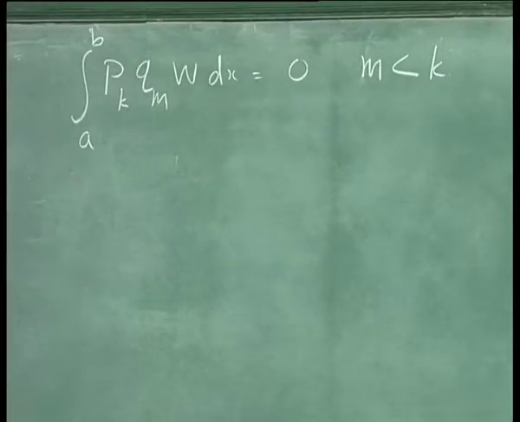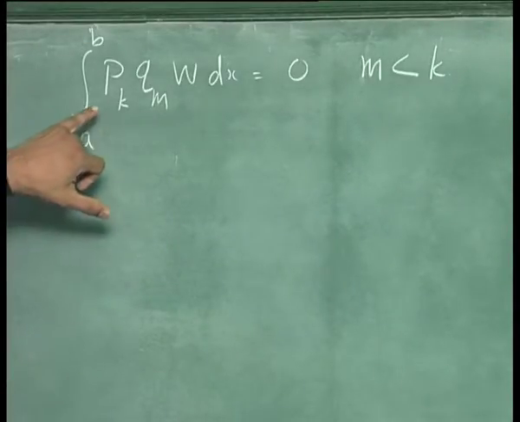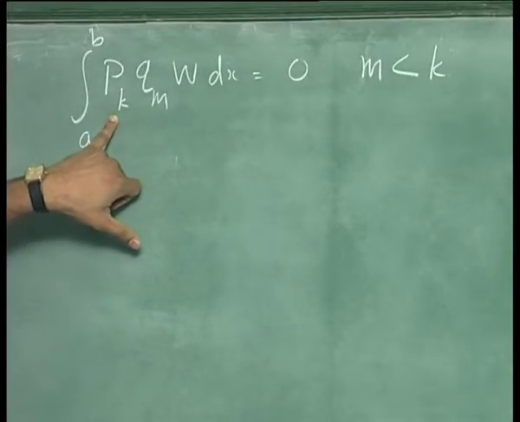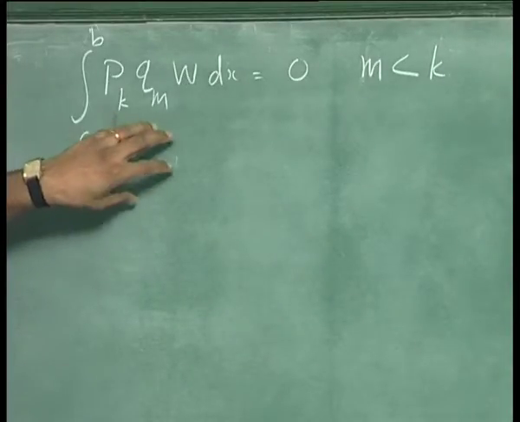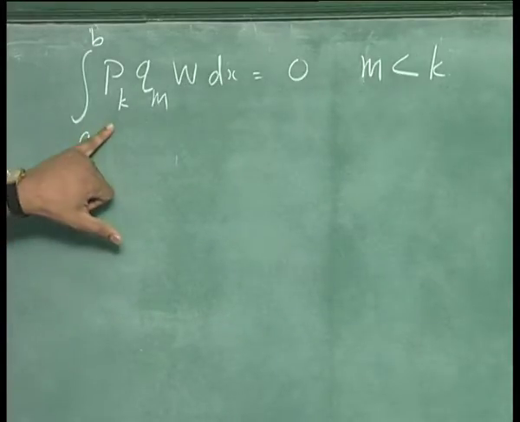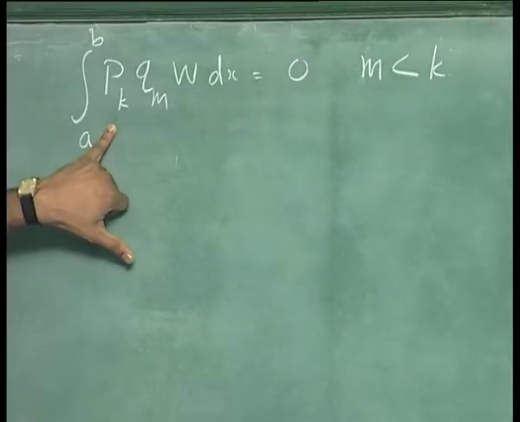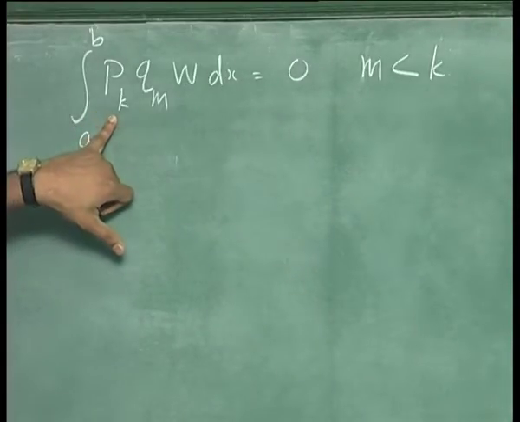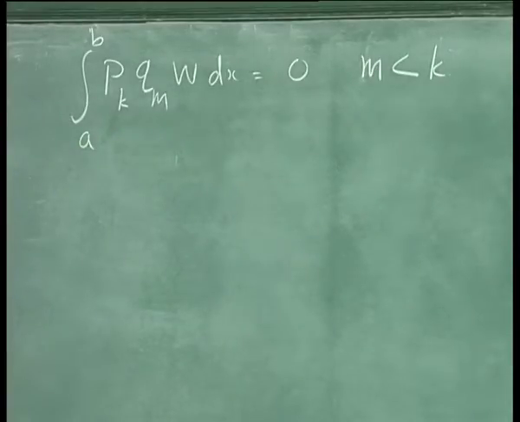That also comes from the fact that given a polynomial of order k, I can write that as a sum of polynomials which are of order less than k. I can expand this polynomial in terms of polynomials of order less than k, and they form an orthogonal set. That is what basically this means.